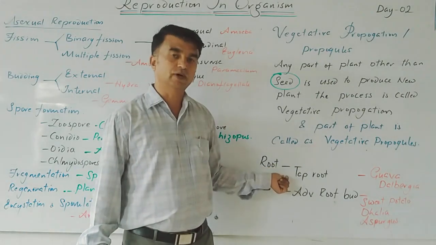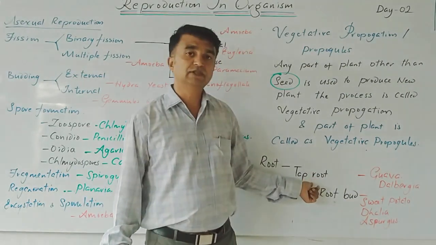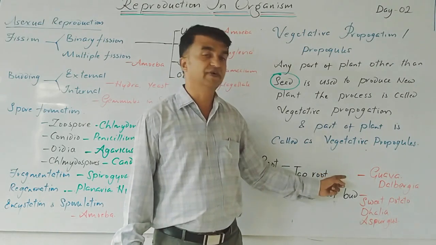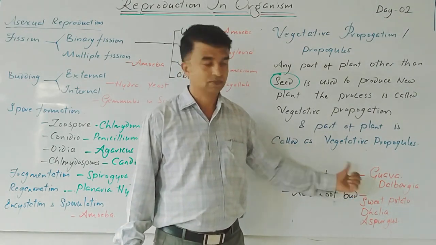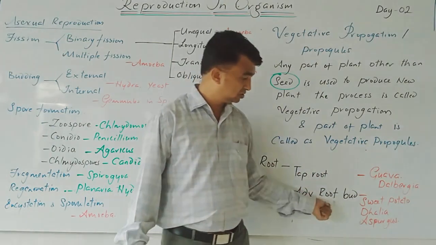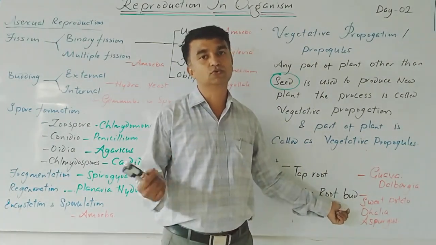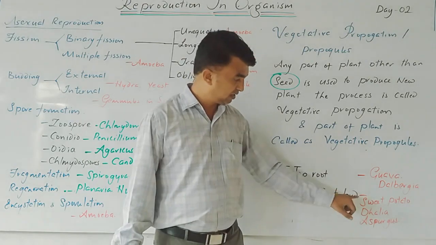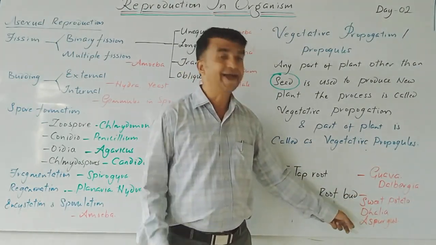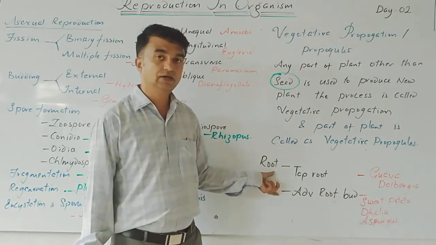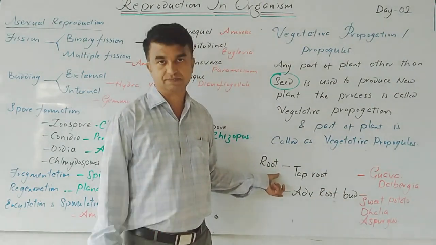When you take roots, sometimes tap roots are used as vegetative propagules, for example guava and Dalbergia. Adventitious root buds can be used as vegetative propagules in sweet potato, dahlia and asparagus. So these are the root propagules.